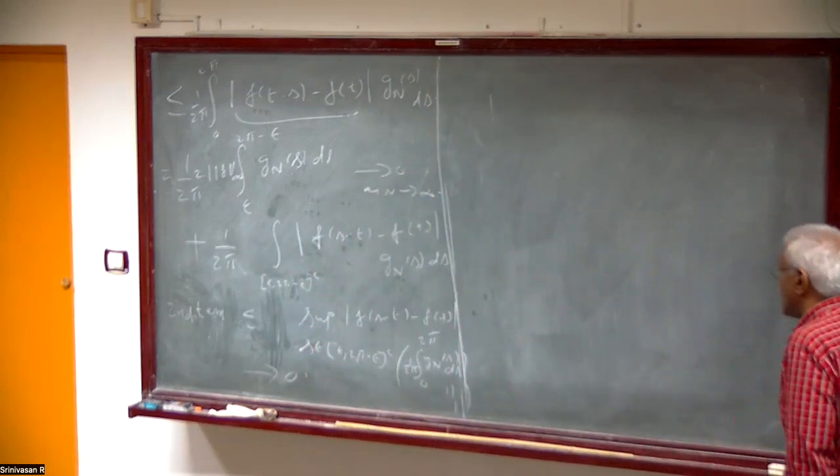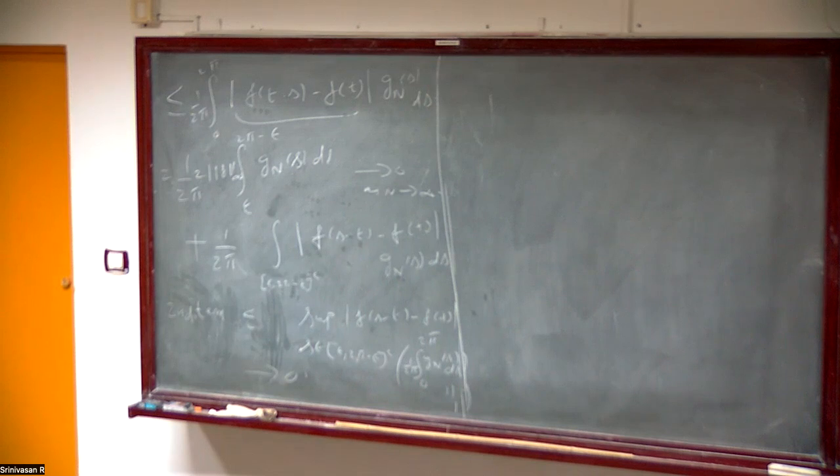So all we have to prove is that this is an approximate identity. Incidentally, this is what is called Fejer.